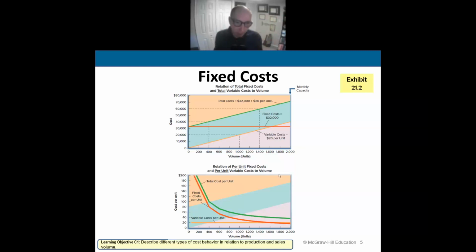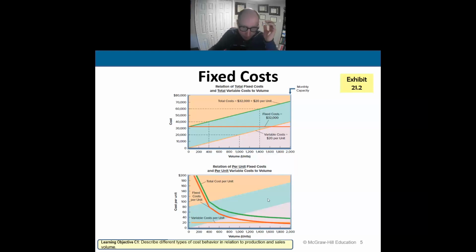The next thing I'm going to show you, down here on the bottom of the slide, the next chart, graph, whatever you want to call it, is based on per unit. So up here at the top, that's total cost. Down here at the bottom, it's the relation of per unit cost.